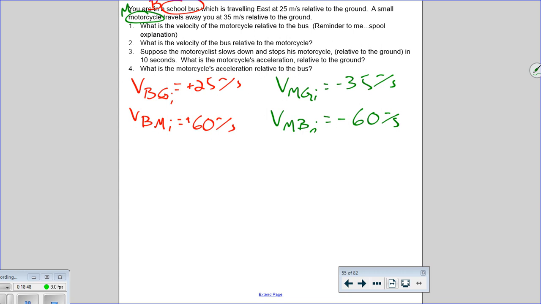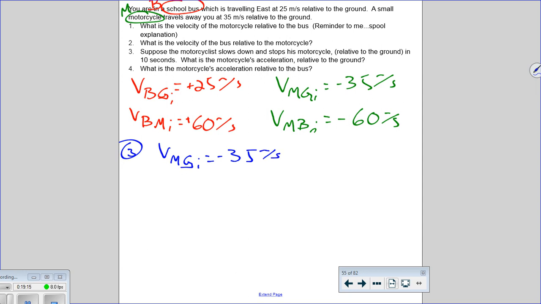All right, problem number 3 says, suppose the motorcyclist slows down and stops his motorcycle relative to the ground in 10 seconds. What is the motorcycle's acceleration relative to the ground? Okay, so here's what we know. Relative to the ground, the velocity of the motorcycle initially is negative 35 meters a second, right?